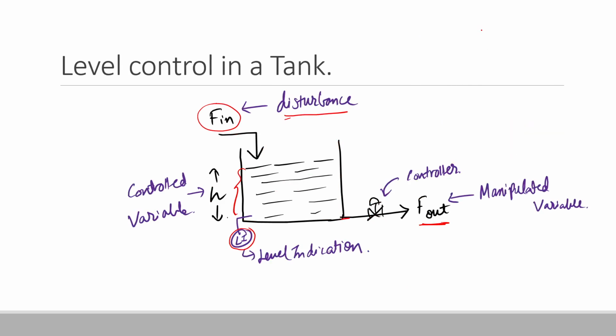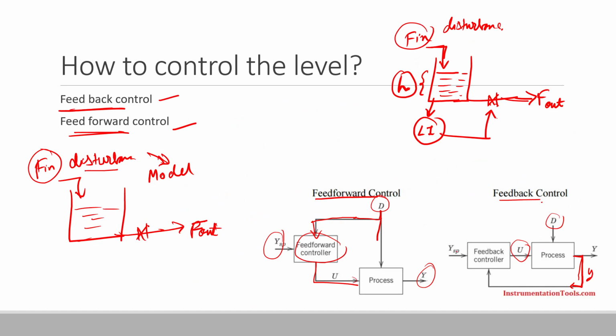Now in case of any of these strategies, let's say the level control example, for the feed forward control action, we can have the model, that is, the height of the tank, as a function of F, the input. So once a disturbance is detected, we can find the height corresponding to this disturbance.